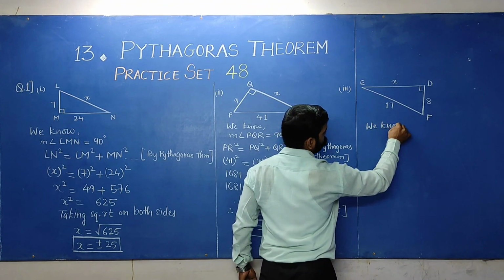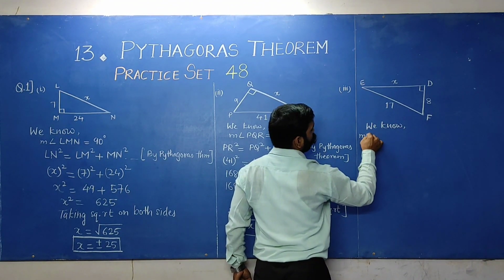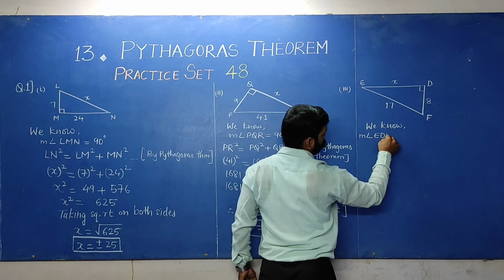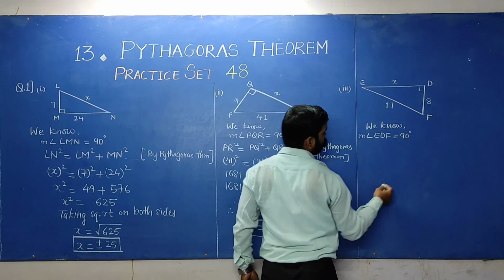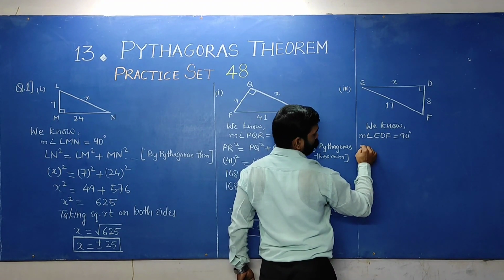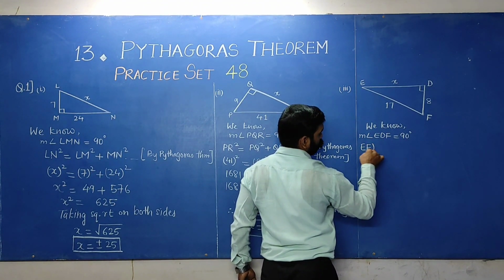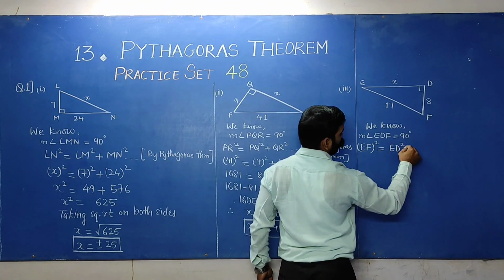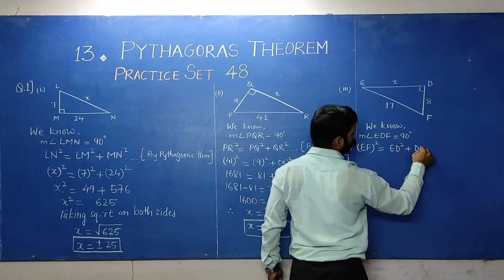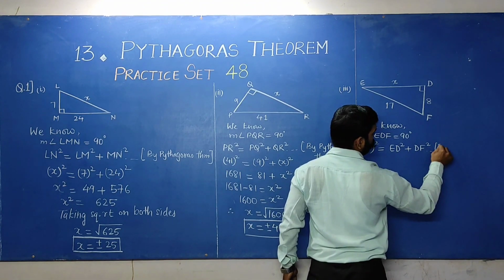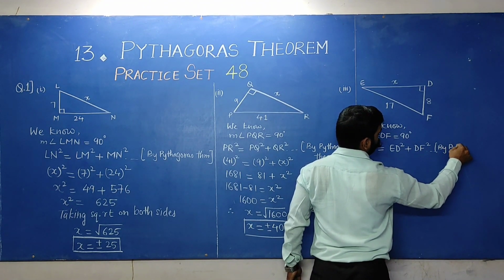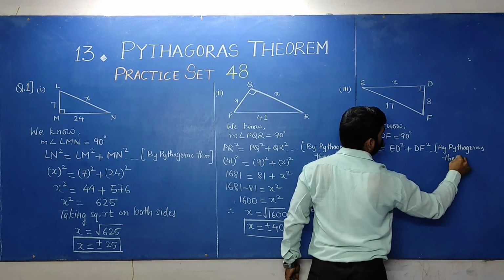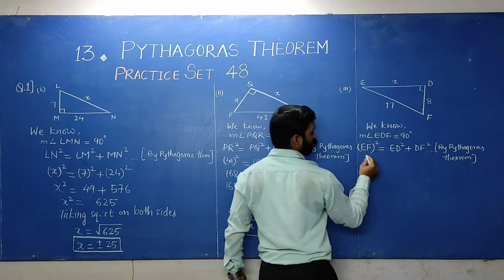Here also we will do the same. We know measure of angle EDF is equal to 90 degrees. Again EF square is equal to ED square plus DF square by Pythagoras theorem.